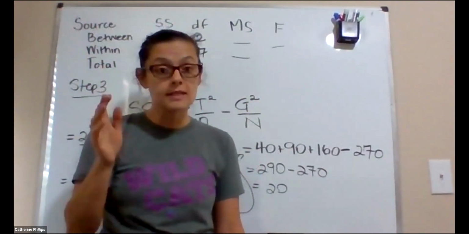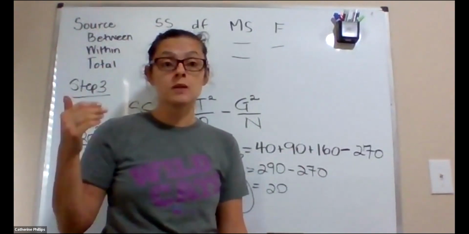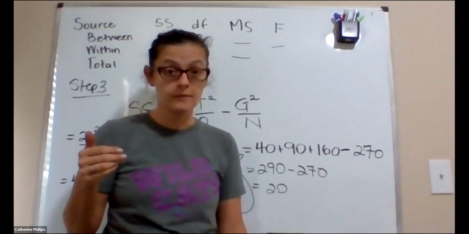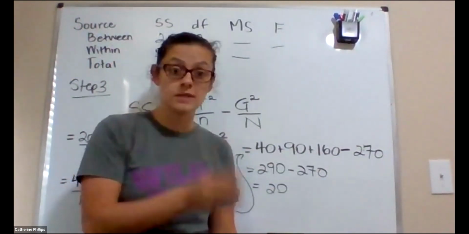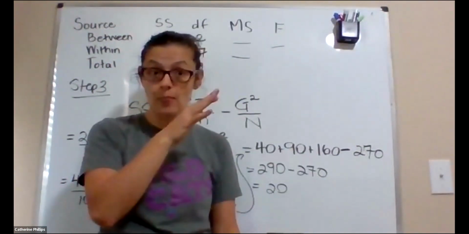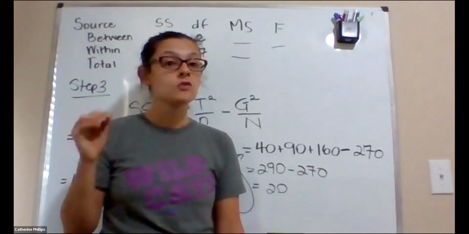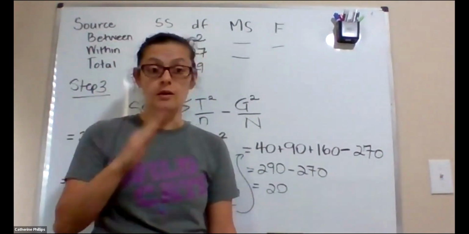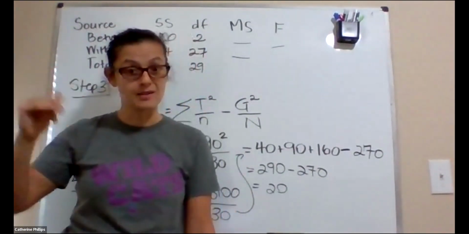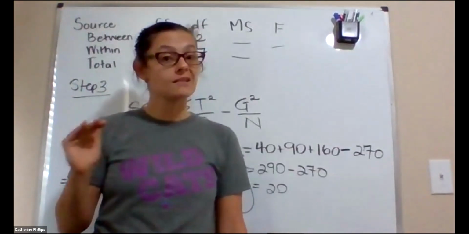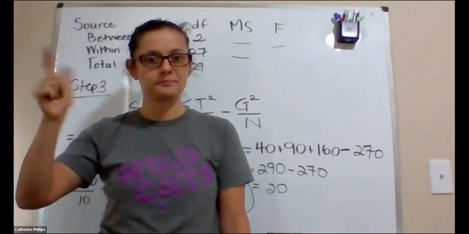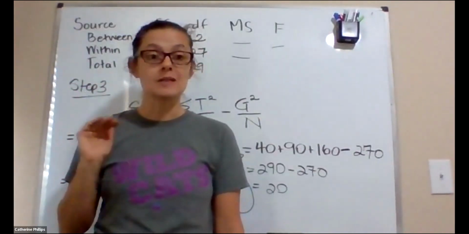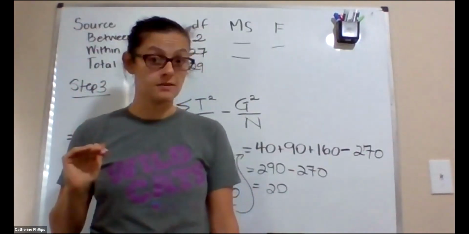When we're computing the sum of squares, if we use the definitional formula, we take each score, we subtract the mean, we square it, and then we add them all up. If you square a positive number, positive times positive, positive. If you square a negative number, negative times negative is positive. So your sum of squares is always going to be positive.